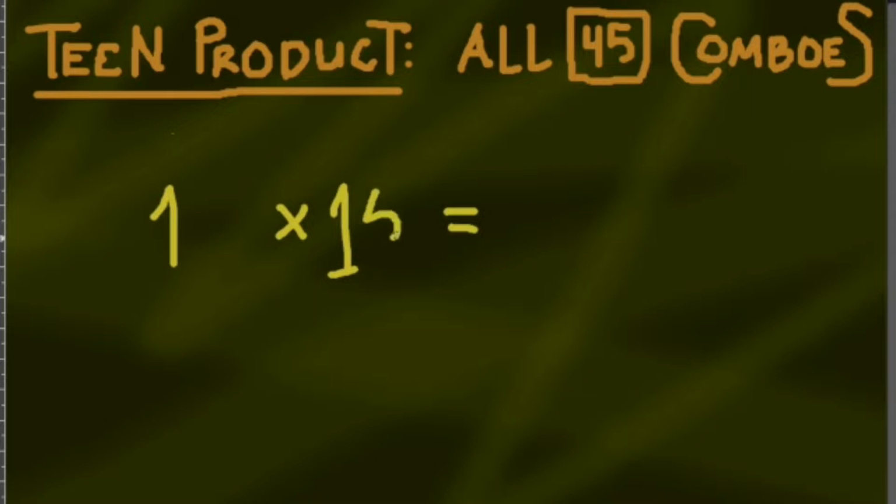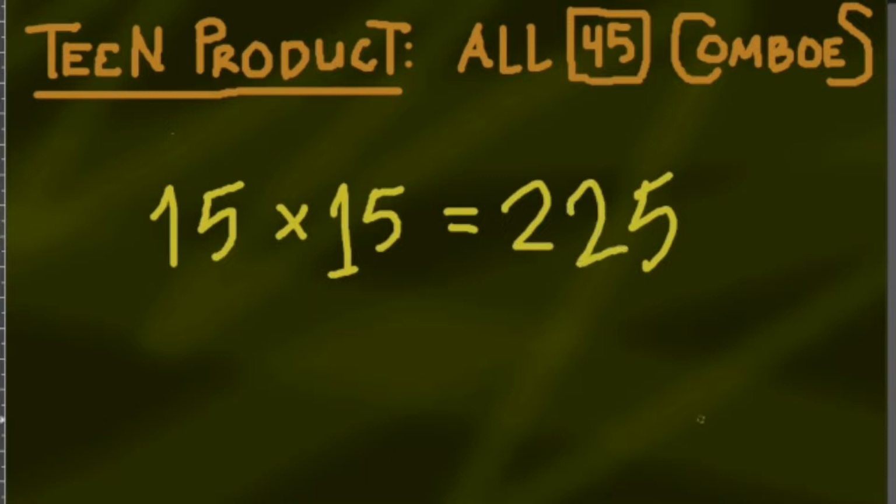Move on to 15s. So 15 times 15 is, well, 225. This is 5 with carryover of 2, and 15 plus 5 is 20. 20 plus 2 is 22, then 225.